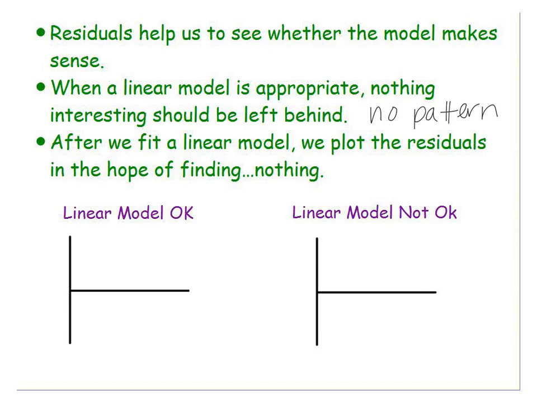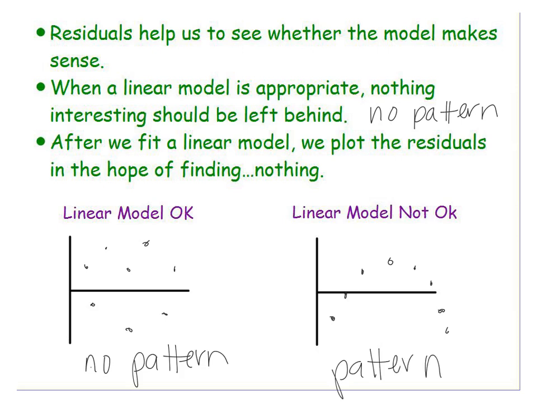So linear model okay means that you have dots all over the place with no pattern. Linear model not okay means that you have some sort of pattern. It could be a curve, it could be any sort of pattern. It doesn't have to always be a curve, but there's a pattern, and patterns are bad.